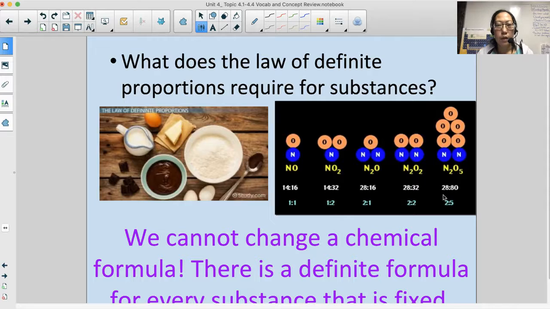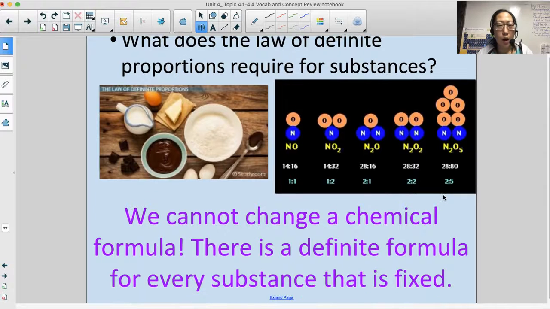The law of definite proportions requires that chemical substances have a specific formula. You cannot change the formula for NO2, for example. NO2 is always NO2. There's always one nitrogen for every 2 oxygens. Same with N2O. We have 2 nitrogens to 1 oxygen.